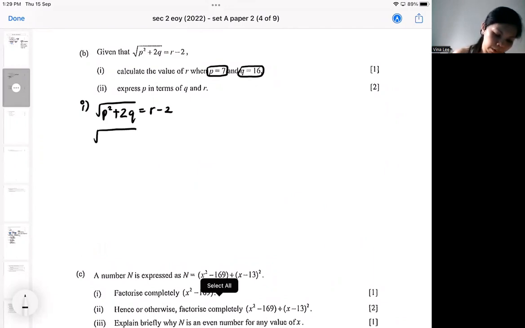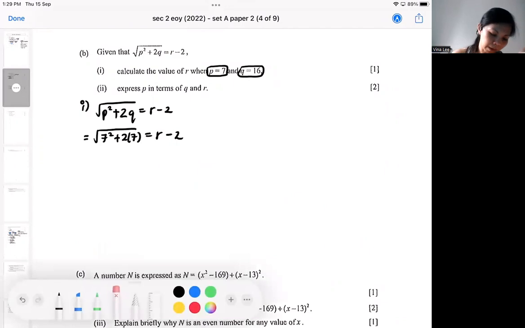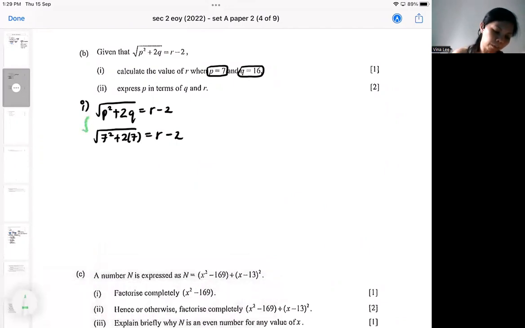So you got 7 squared plus 2 times 7. There's already an equal sign in the middle, so you don't need to put another equal sign here. But there still should be a flow. From the first line, you flow to the second line by inserting the values. Then from the second line, how do you flow?